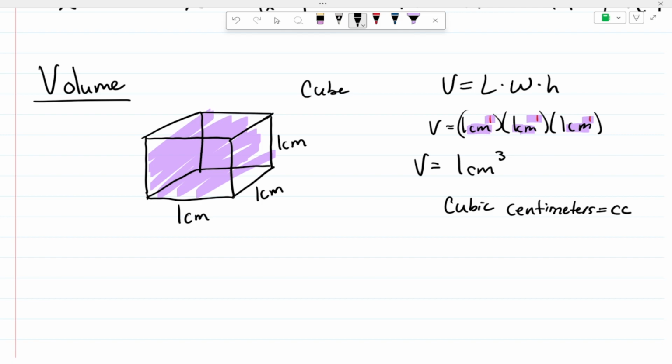So what's nice, like I said, about volume is you already have a really good understanding of how to do this. We're just going to marry the idea of the area of a base of a shape, and then extend it into some sort of space.